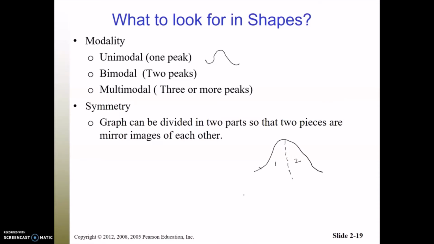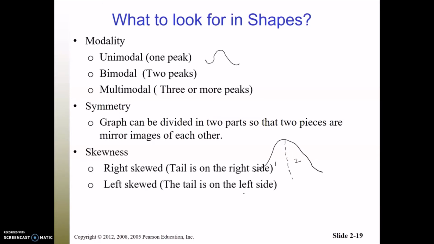And the last thing we need to look for is the skewness. Which side is the tail? If the tail is on the right side, then we call this a right skewed distribution. I have shown you previously: the tail is on the right side.